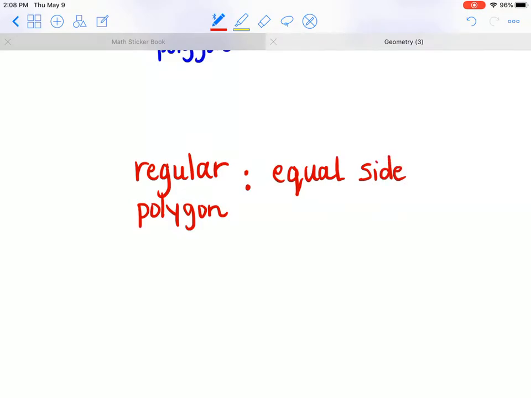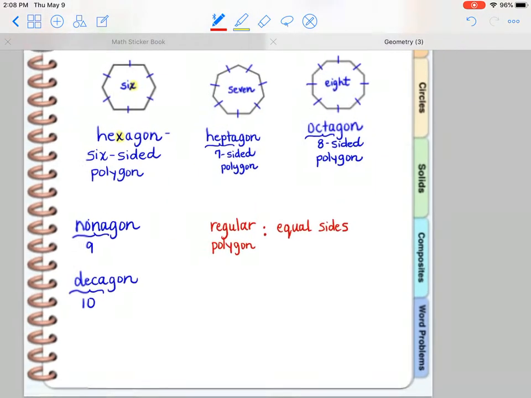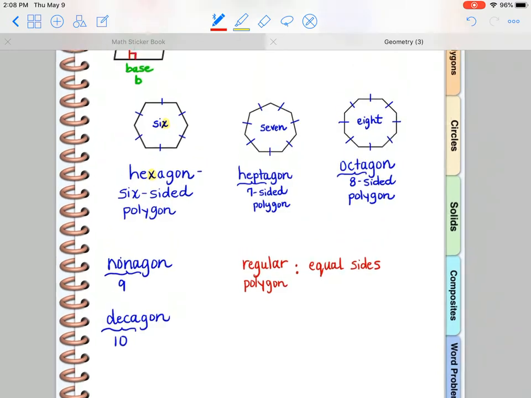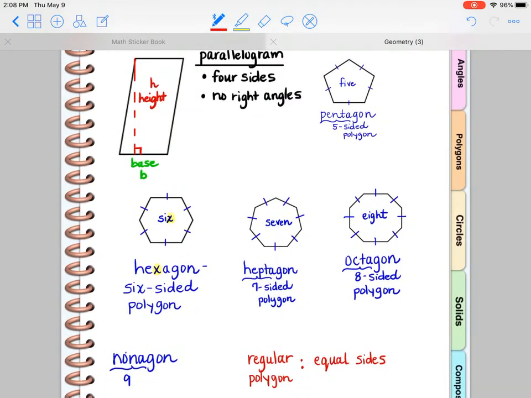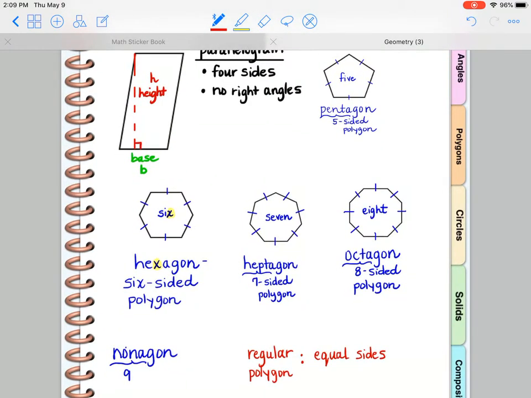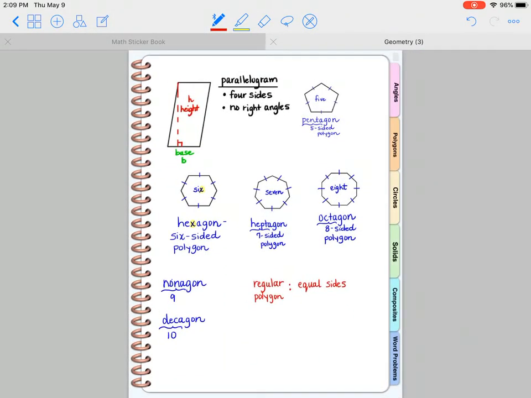Its sides are all equal. And all of these that I've shown you are regular except for the parallelogram. All of the purple ones are regular polygons because I drew them in Microsoft Word and it draws them all equally. So if you see the term regular polygon, you can rest assured that that means equal sides. All sides are the same.